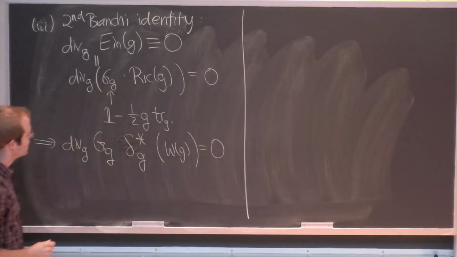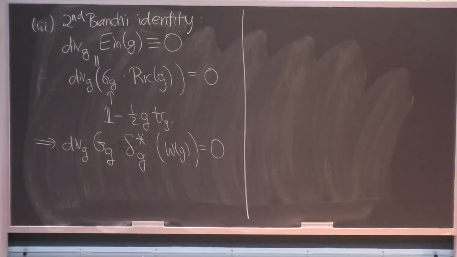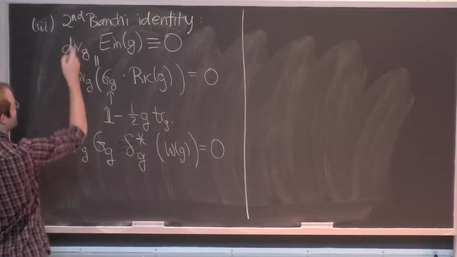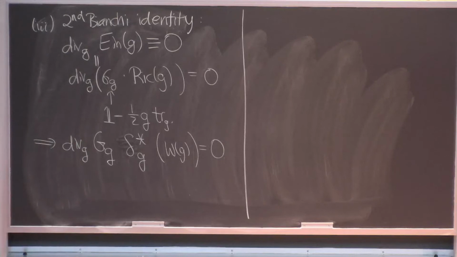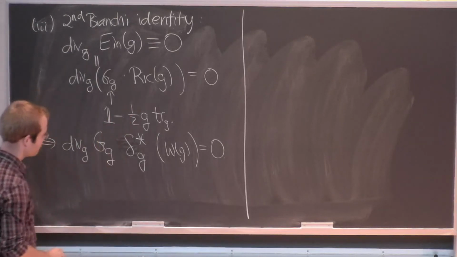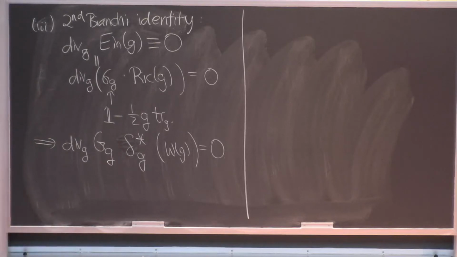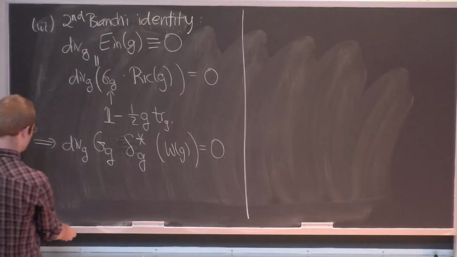So you automatically get this extra equation for W of G. This seems like a miracle, but perhaps to give peace to your mind, it turns out that the second Bianchi identity is actually, in a certain sense, a consequence of the diffeomorphism invariance of the Ricci tensor. Somehow it all fits nicely together.